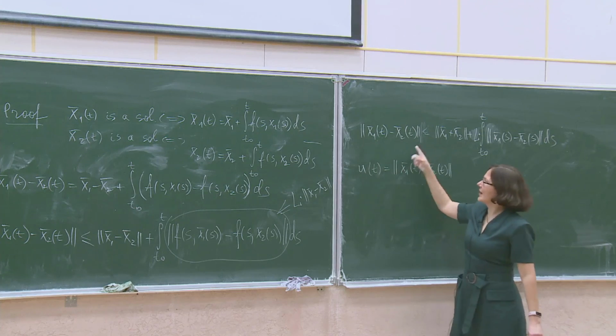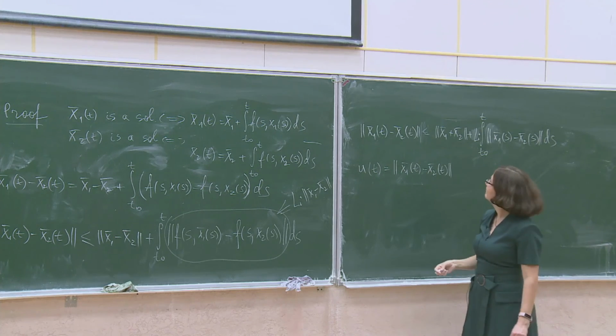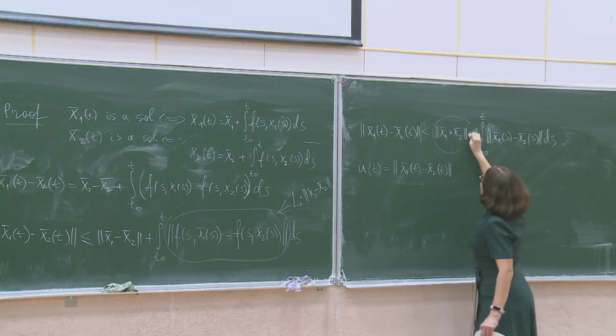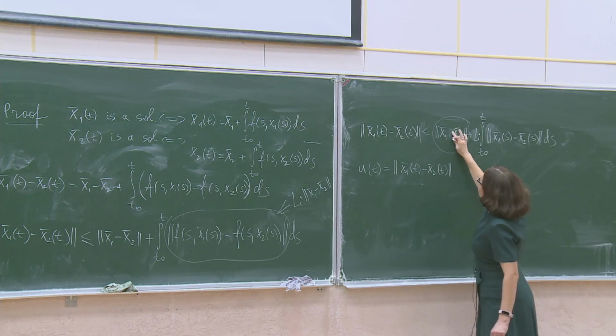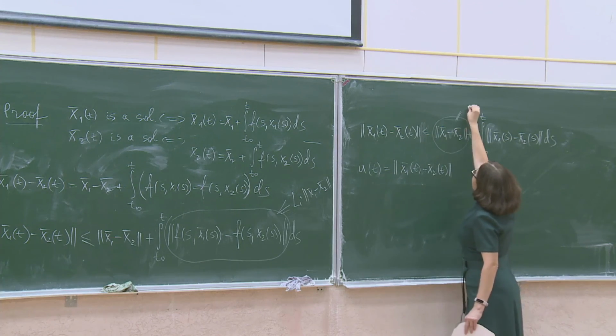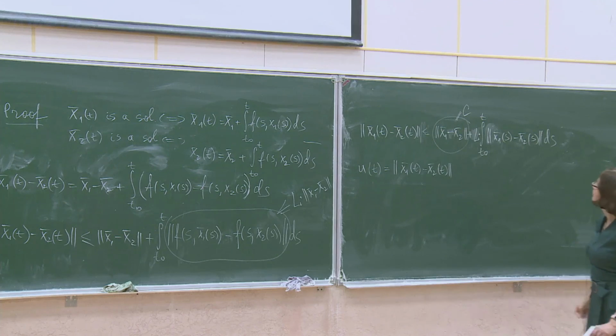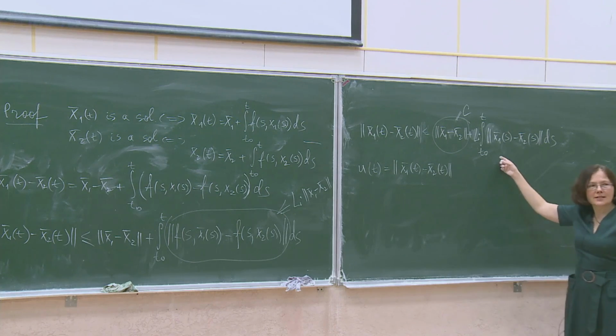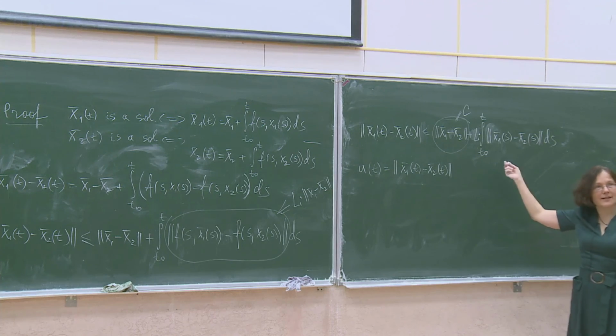If we denote this function by u of t, and if we denote this x1 minus x2 by c, we can see just the hypothesis of Gronwall's lemma, right?